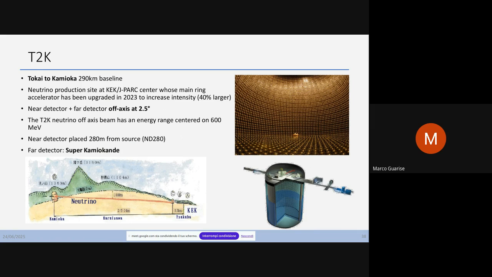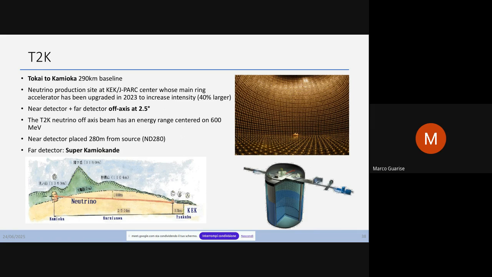Differently from DUNE, it is an off-axis experiment at 2.5 degrees, so they have a narrow energy beam of neutrinos centered at 600 MeV, and this is because they cannot reconstruct the energy of the interacting neutrino, since they exploit the Cherenkov effect in a large water tank, such as this one.